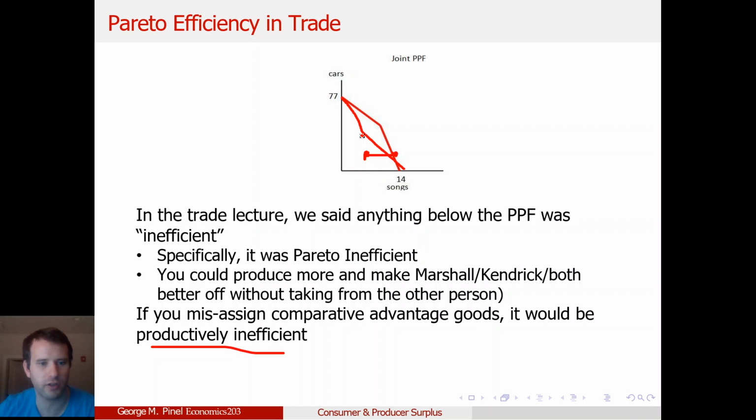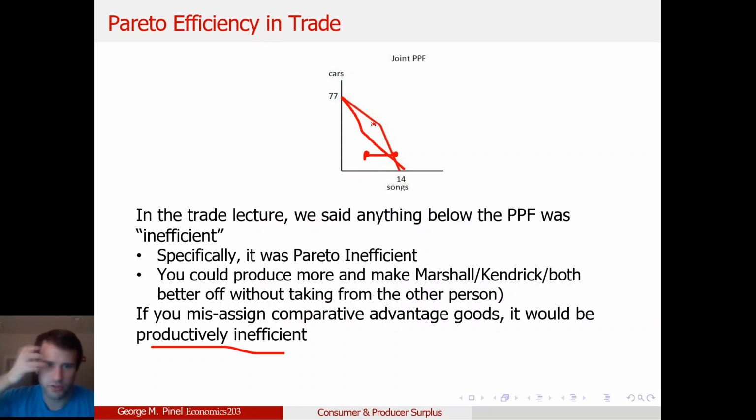it's productively inefficient, because you're assigning the person with higher opportunity cost to do the thing that they do not have a comparative advantage in. So you've produced in the wrong pattern. You've produced in a productively inefficient way. You've given the higher cost producer the good that they have a higher cost in, versus the lower cost producer, which would be productively efficient.